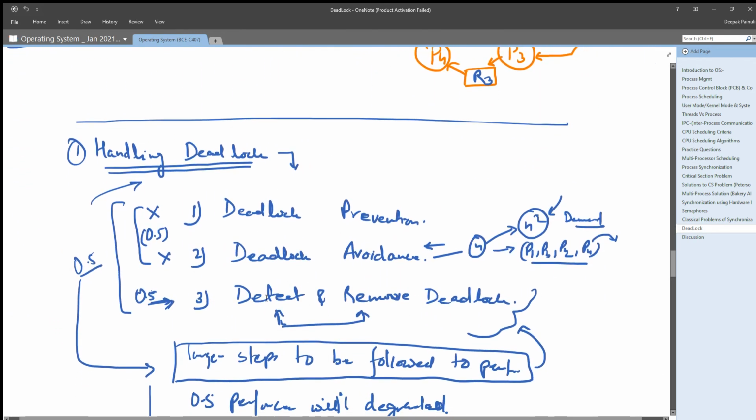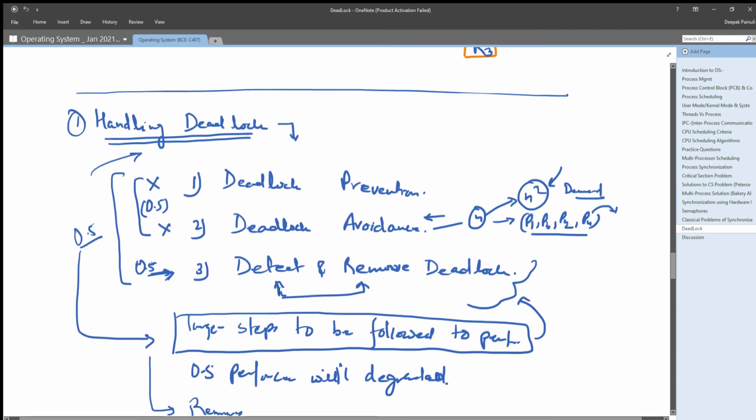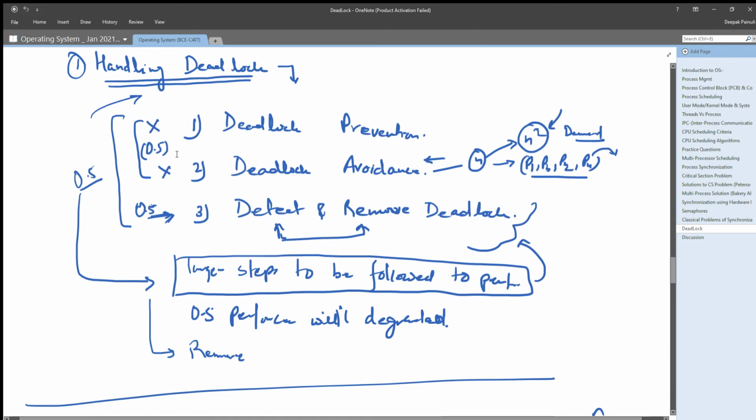After that, we understood deadlock handling techniques, where we understood how we prevent deadlock, how we avoid deadlock, and detect and remove the deadlock. Right? There are three techniques for how we can handle deadlock in the system.